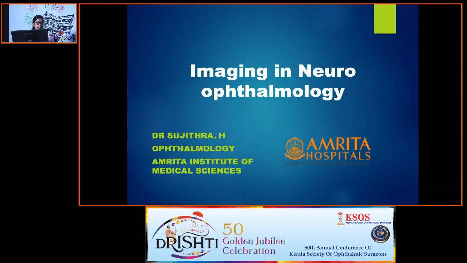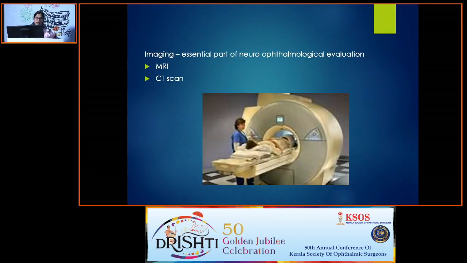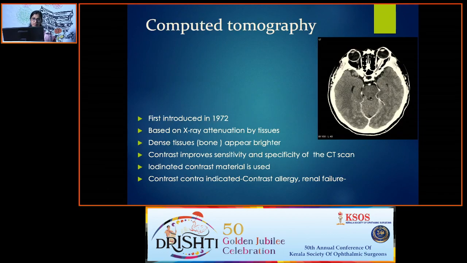So after detailed history and detailed ocular evaluation, we localize the lesion. Then to confirm, we require imaging. So CT and MRI are the common imaging modalities we use in neuro-ophthalmology.